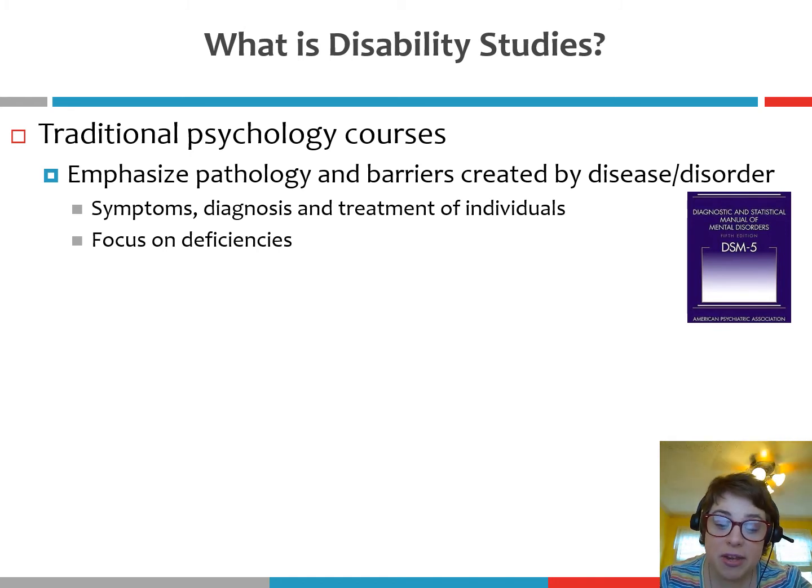And in fact, the manual that most clinical psychologists use is the Diagnostic and Statistical Manual, which goes into a lot of detail, right? Talking about various psychological disorders and what symptoms, and the duration of those symptoms, or how long those symptoms would have to persist in order for someone to meet the diagnostic criteria for a particular disorder, right? So again, the focus tends to be on deficiencies, right?